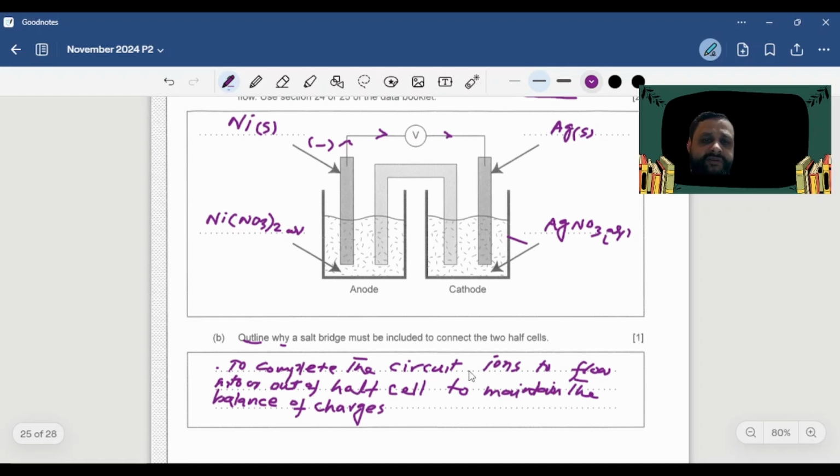And a salt bridge is usually made up of a filter paper soaked in potassium chloride.